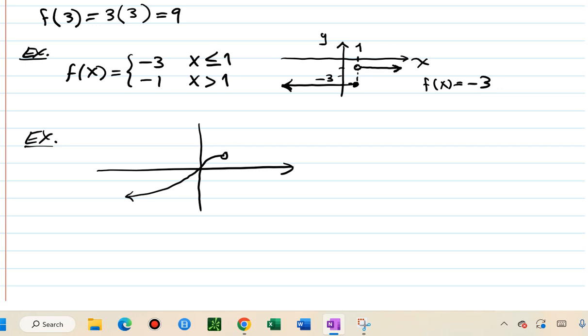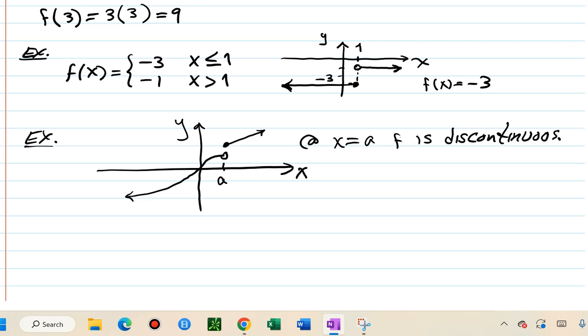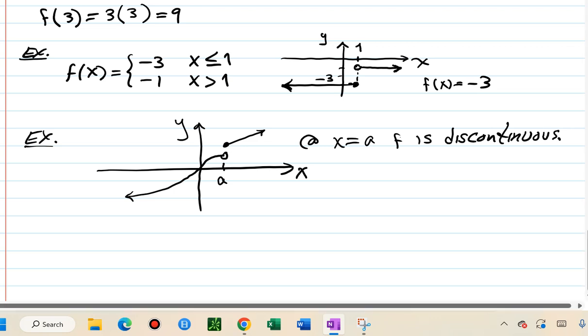There you go. The function is continuous until it hits a. And then after that one, I may do something like this. So notice this function is not continuous at a, right? So at x equal a, f is discontinuous. And there we have that one.